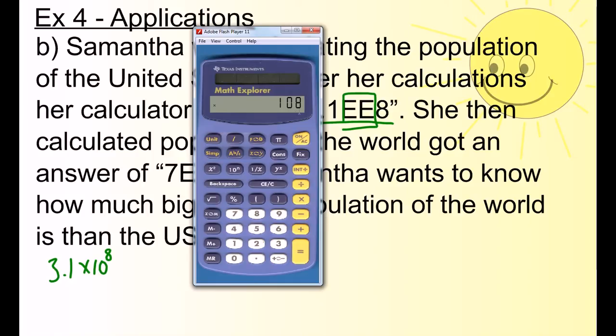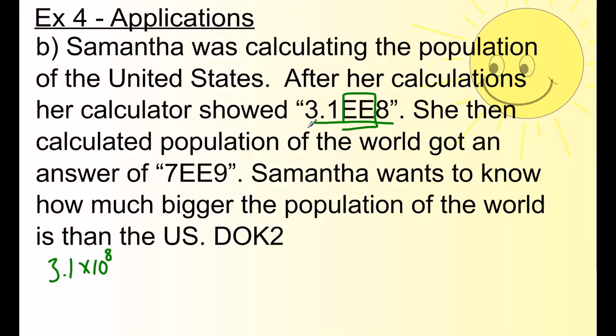We can't even show exponents very well here. Okay? So that's what this is showing. It's 3.1 times 10 to the 8th, and this would be showing 7 times 10 to the 9th. Just so you're aware, if it had a negative 9, it would just make the exponent negative.